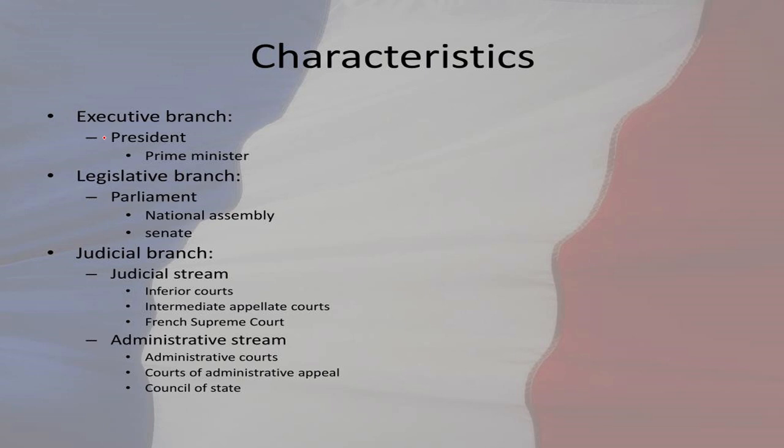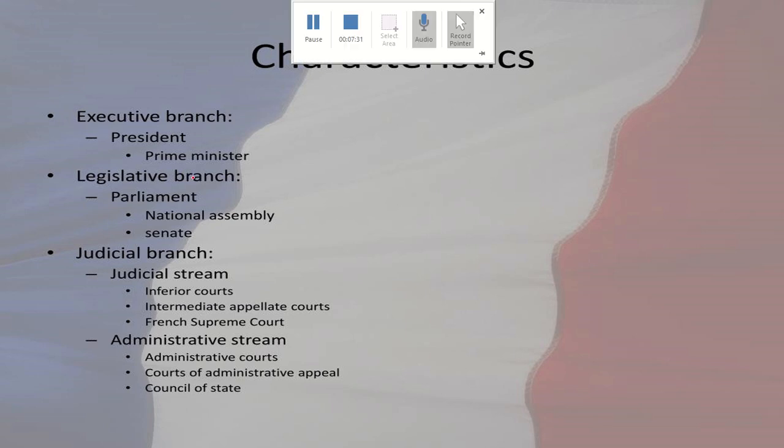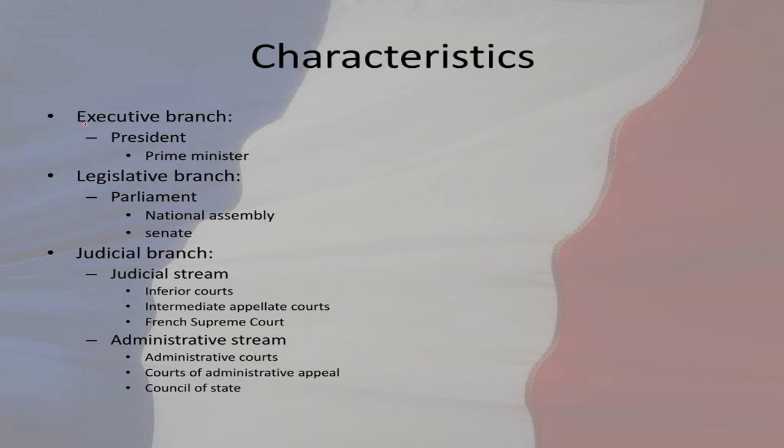The characteristics of the French political system are divided into three parts. The first part is the executive branch, which contains the president, which is further subdivided into the prime minister. Then the legislative branch, which is divided into parliament, and then subdivided into the National Assembly and Senate, which are the lower and upper houses.